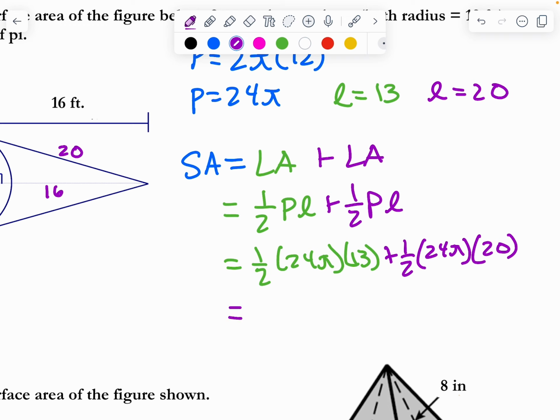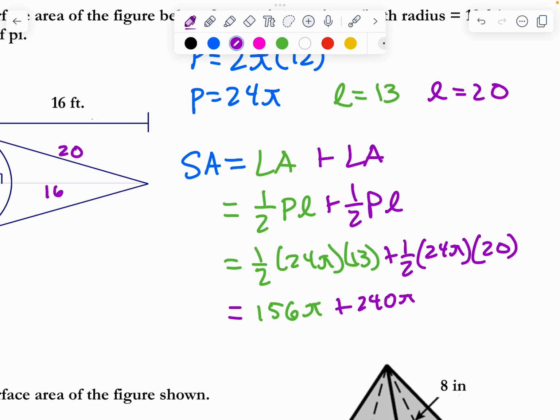All right, so half of 24, so 12 times 13, ends up being 156 pi. Let's stay in green. 156 pi is the lateral area on the left. On the right should be 240 pi.